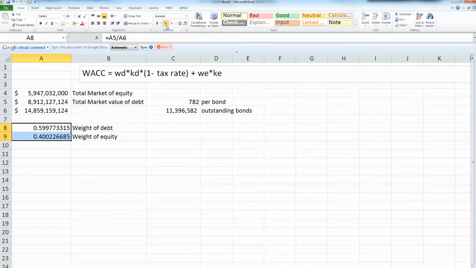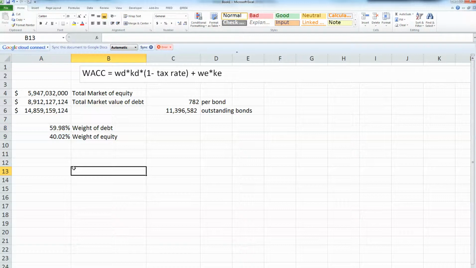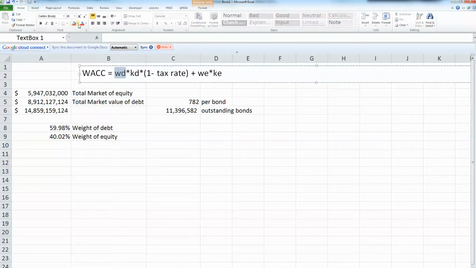Doesn't matter which way I do it. So there are these two weights. So now I need to calculate the cost of debt and the cost of equity.